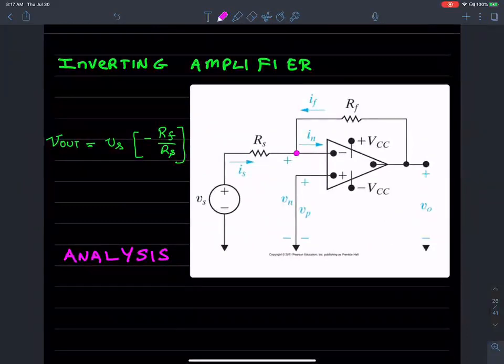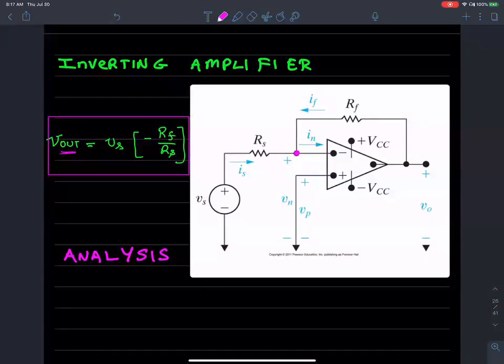I gave you in this summary that we expect to see this kind of result here. The output is the input multiplied by some negative number.